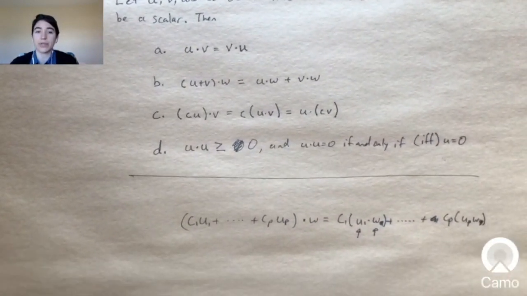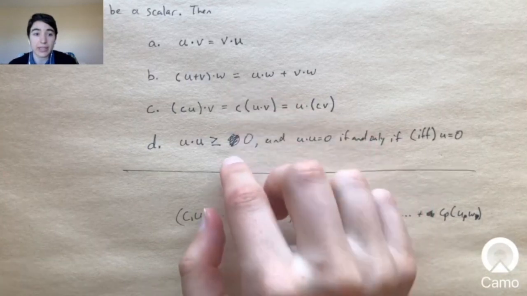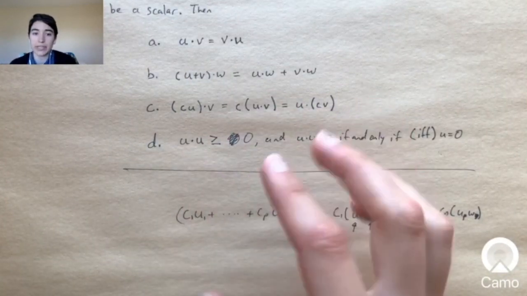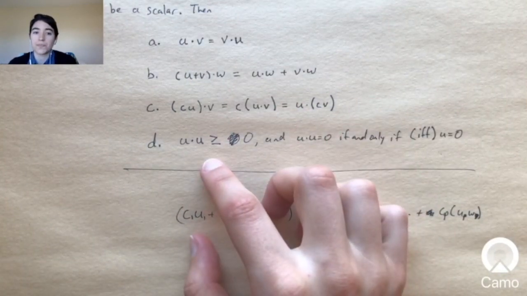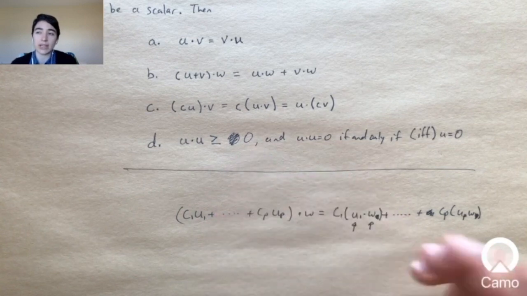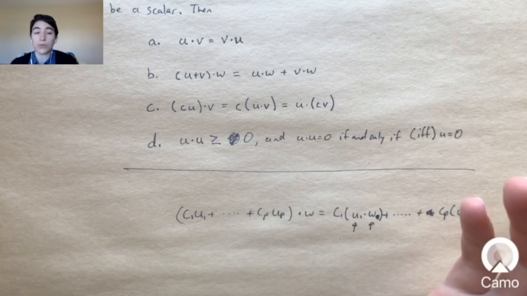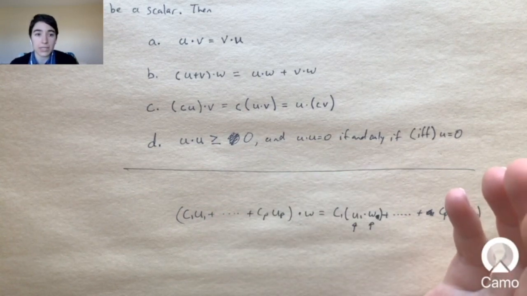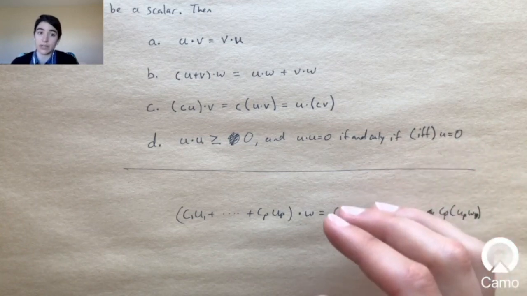And then if we do the dot product of a vector by itself, it will always be greater than or equal to 0. So it can never be negative, just like when you square something, because that's essentially what this is. You are squaring a vector.